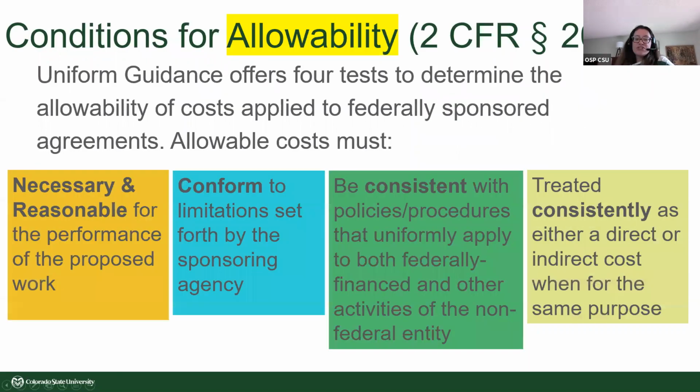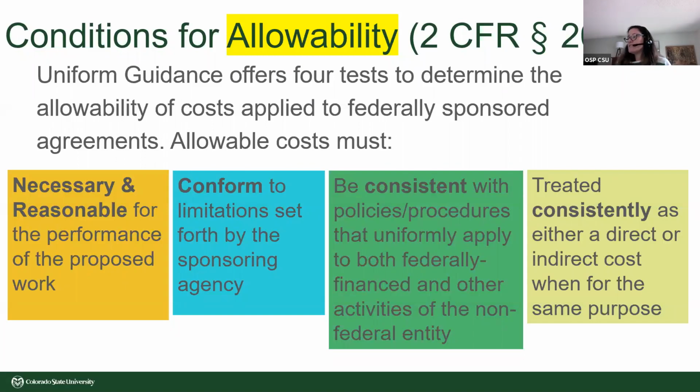Okay, conditions for allowability. You've seen these before, right? But there are 4 tests to determine the allowability of cost. And usually it's in a little puzzle box, right? They need to be necessary and reasonable. They must conform to limitations set forth by the sponsoring agency.